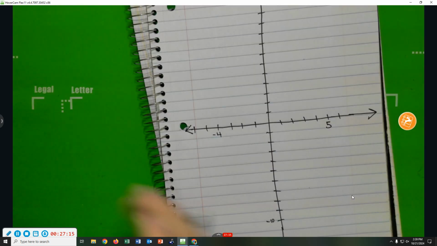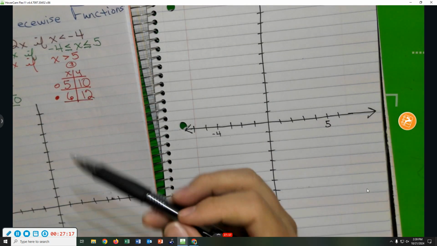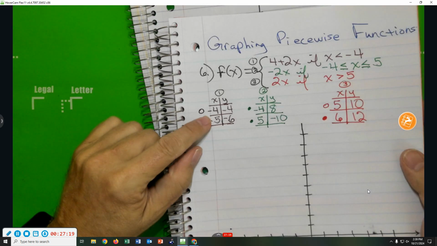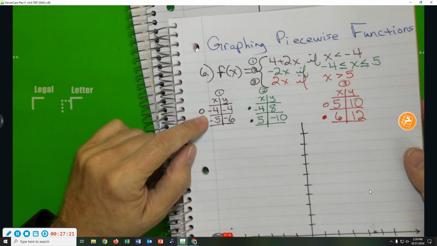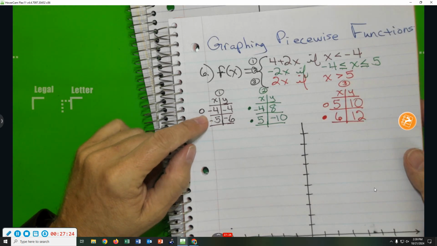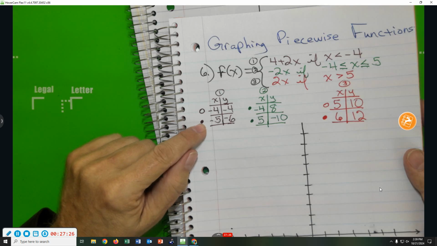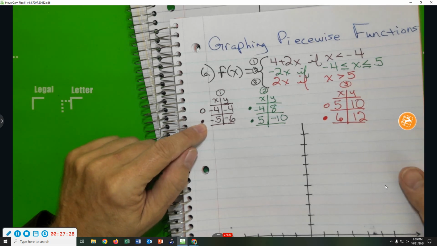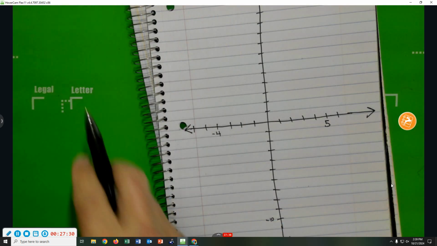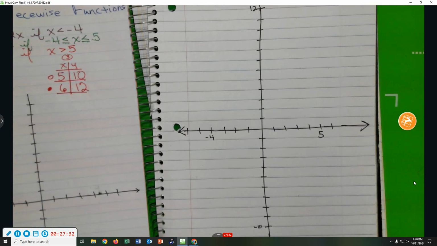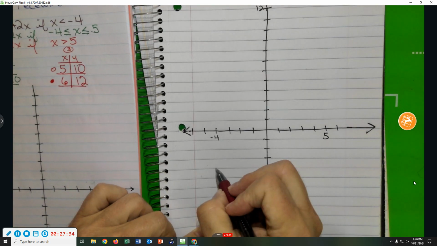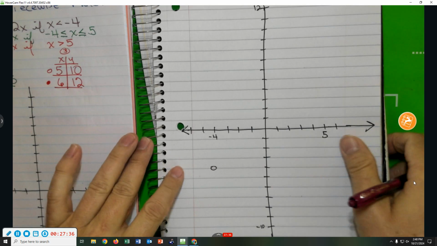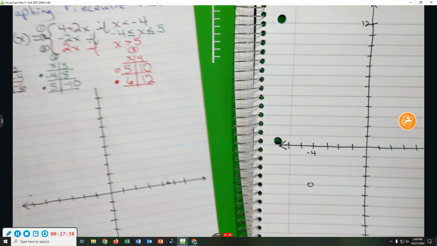The first one we're going to plot, the brown piece. We have an open circle at negative 4, negative 4. And then the secondary point is at negative 5, negative 6. So we have an open circle at negative 4, negative 4, right there.